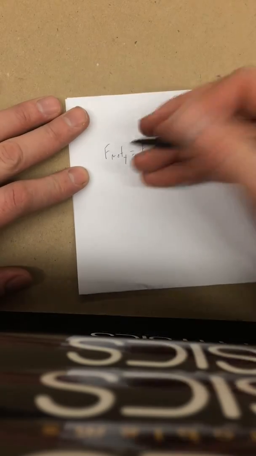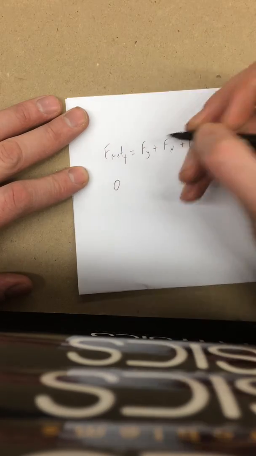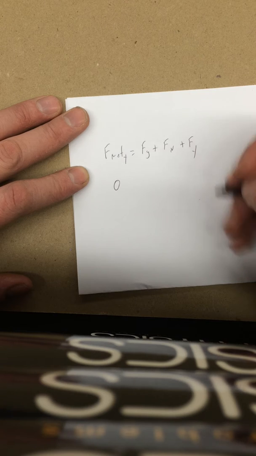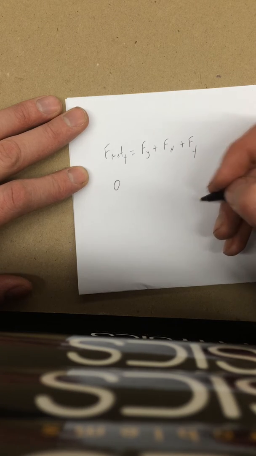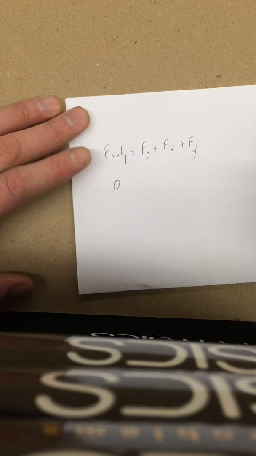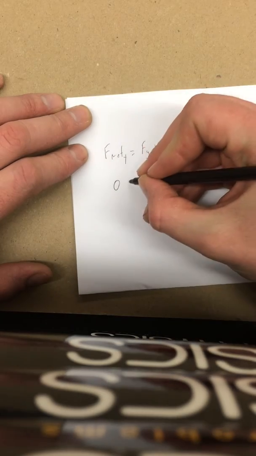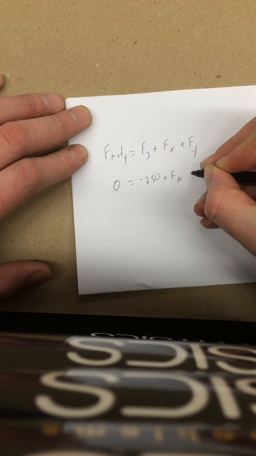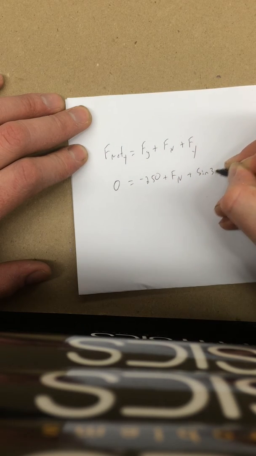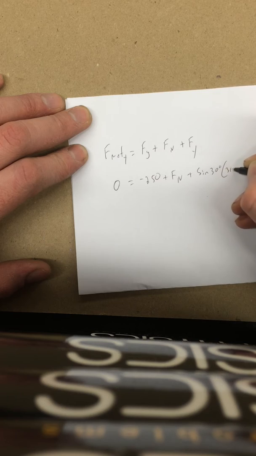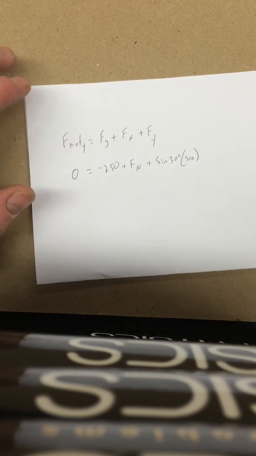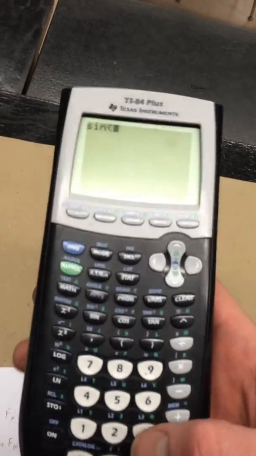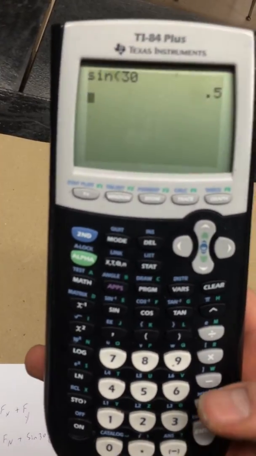Now Fnet in this case is going to be 0 because the object is not moving vertically. They don't talk about it in the directions, but vertically it's not falling to the ground, nor is it being thrown up into the air, so we can assume it's at equilibrium. Fg is negative 250. Fn is what we're solving for, and this is equal to sine 30 degrees times 310. Make sure you're in degree mode when doing this problem.